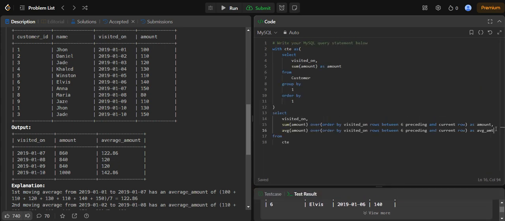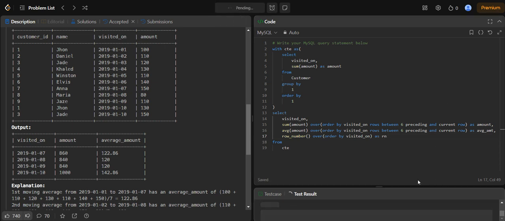I can easily do this by choosing a marker like a row number. Using ROW_NUMBER() OVER, I can simply order by visited_on, as, suppose, rn.